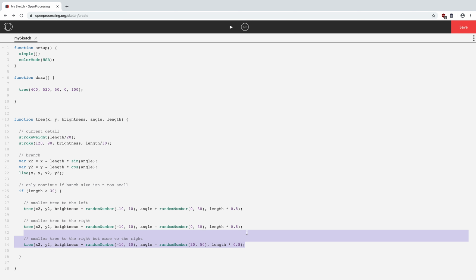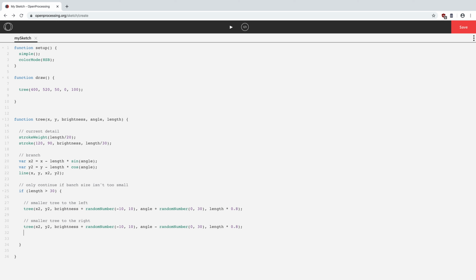Or the other thing you can do is to say, no, we're not doing that. We are instead making the length vary more randomly. So we might say, instead of 0.8, we say random number between, say, instead of 0 to 100, let's say 50 to 100 divided by 100.